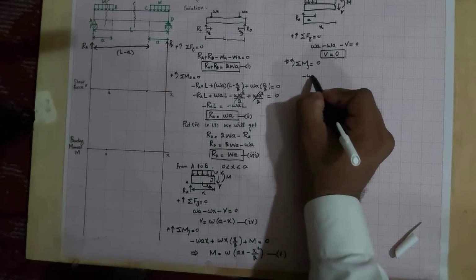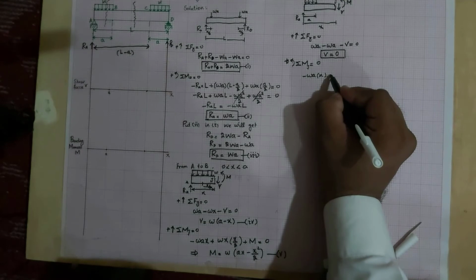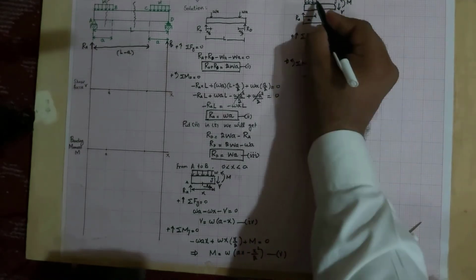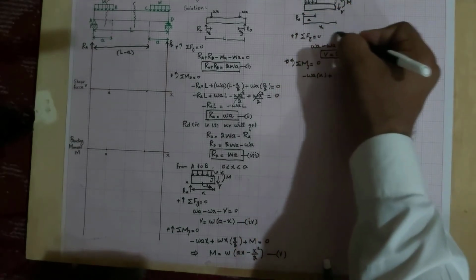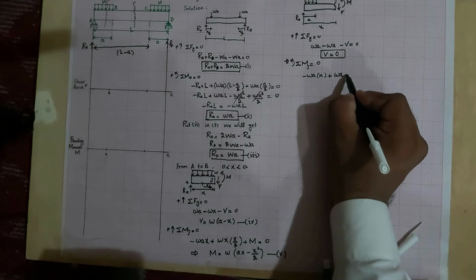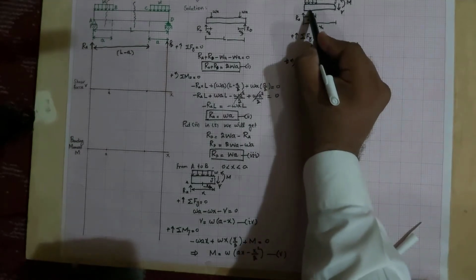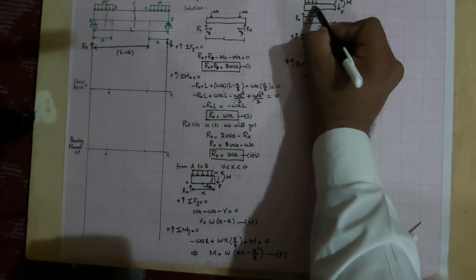So minus WA into total distance X. And this concentrated load, distributed load, will also produce a counterclockwise moment, so that's why plus W into A. Now the perpendicular distance will be, this distance is A by 2.